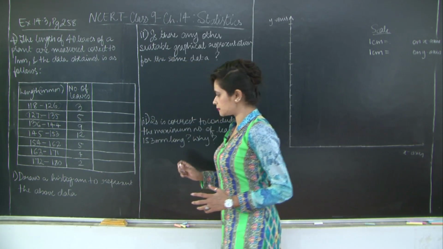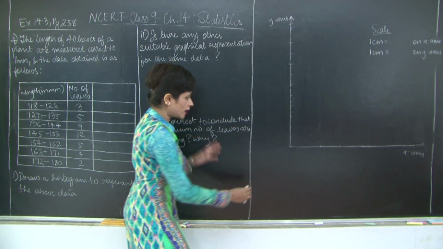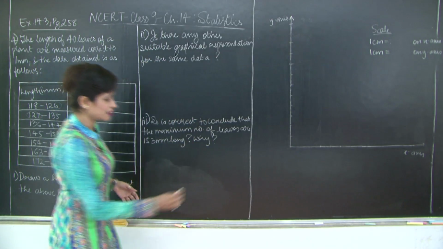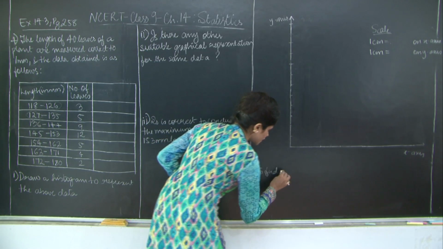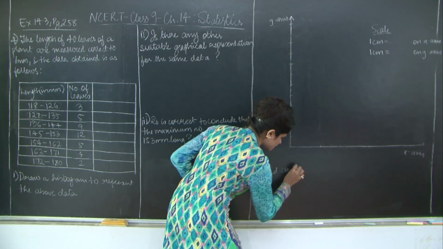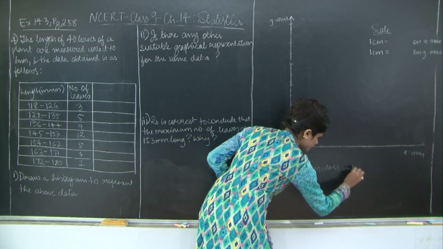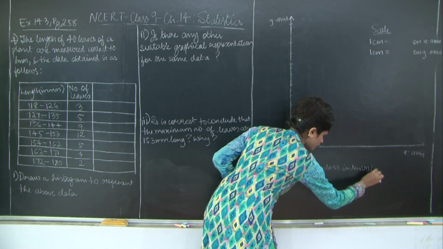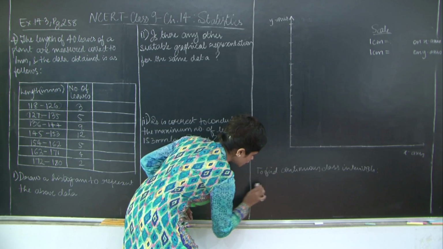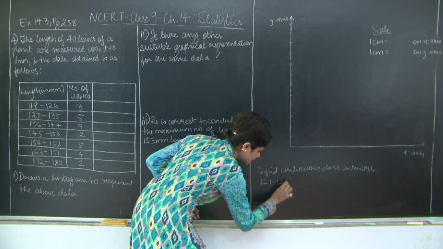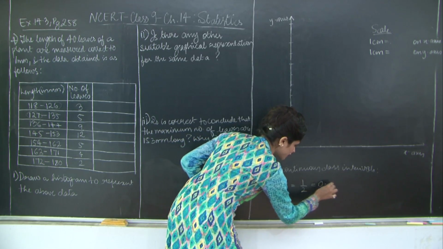So let's do this. Let me do it here for you because we have the space to write the answer. To find continuous class intervals, (127 minus 126) divided by 2 is going to be 1 divided by 2, which is equal to 0.5.